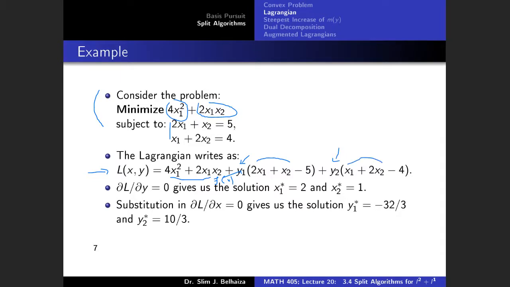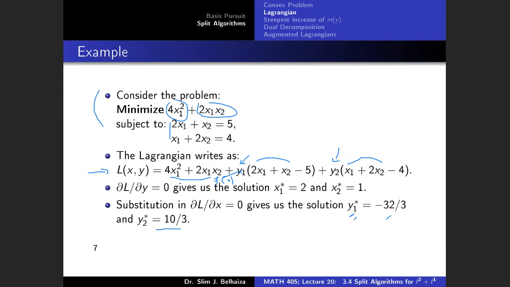If you differentiate with respect to y, you get the linear conditions, and then you can solve the linear system. If you plug these x1 star, x2 star into the derivatives of L with respect to the y's, you can get the values of the corresponding points. So this is what you should get. Hopefully, you verified this answer.